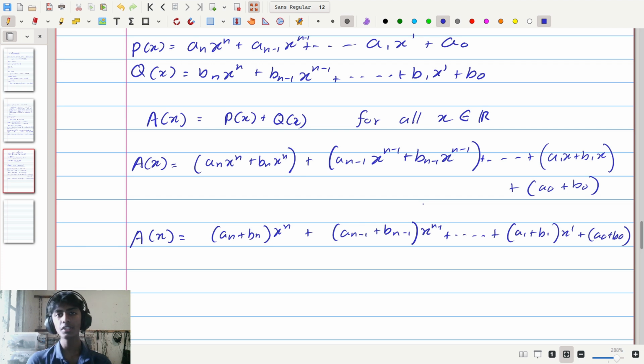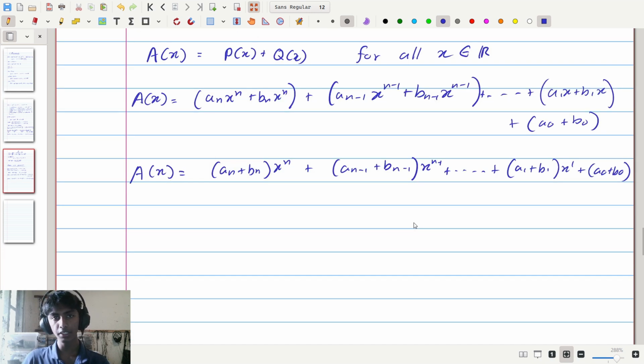When we added these two polynomials together, every corresponding pair of coefficients with the same order, the same x to the n power, were added together. So simply, when we are adding two polynomials together, all we have to do is write every x to the r power with its coefficient in the first polynomial plus its coefficient in the second polynomial added together and put in the front. That's all that this is. Addition of polynomials is quite straightforward.